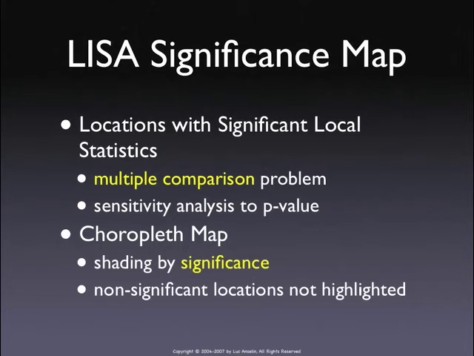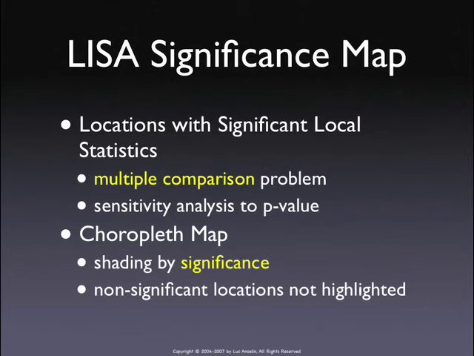There is a tendency, and it does happen in some software packages, that all the local Moran's are mapped because you have one for each location. However, if they're not significant, there is no point in mapping them. Because if they're not significant, then that location, in some sense, is locally spatially random. And there is absolutely no point in creating a false impression that something is going on there when in fact nothing is going on there.